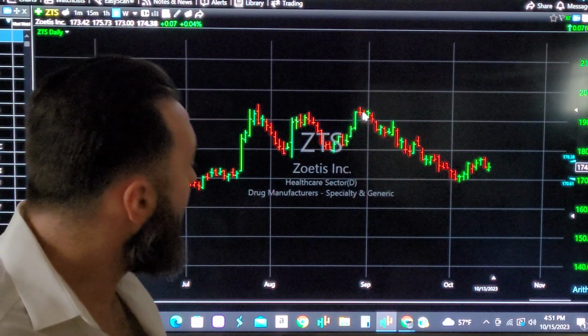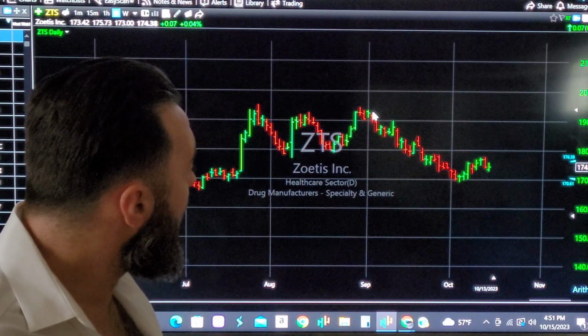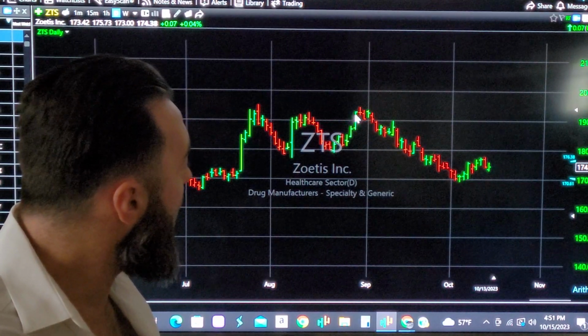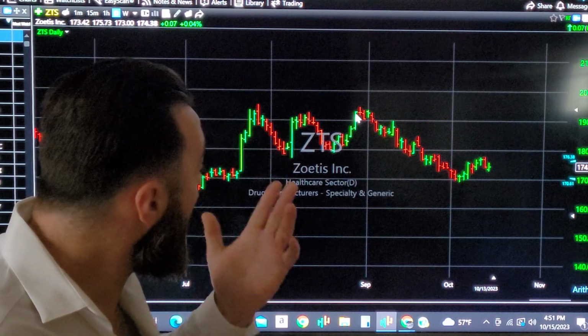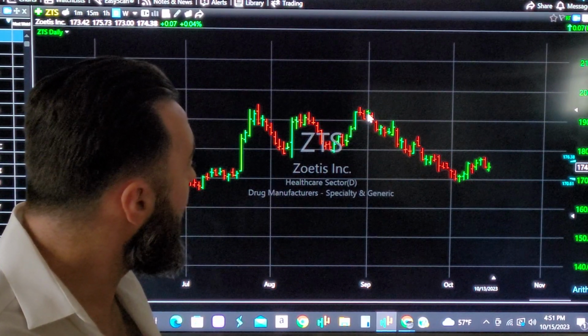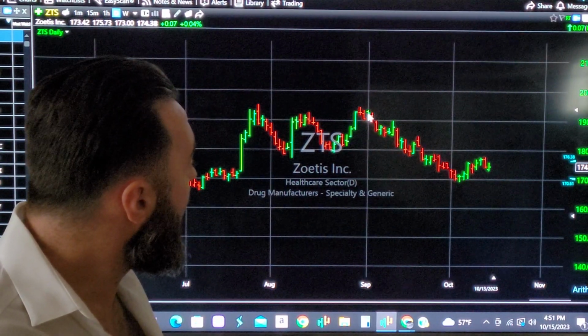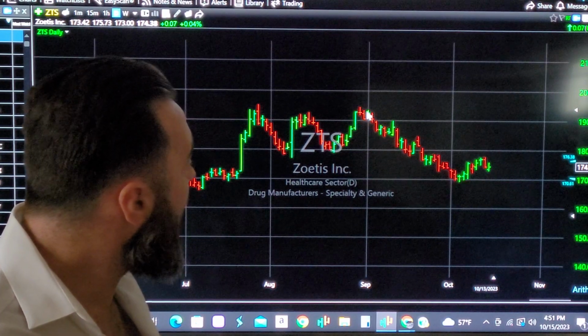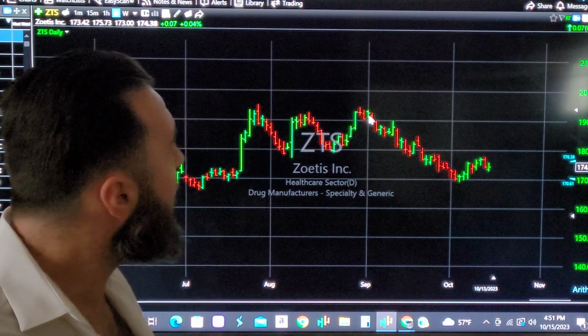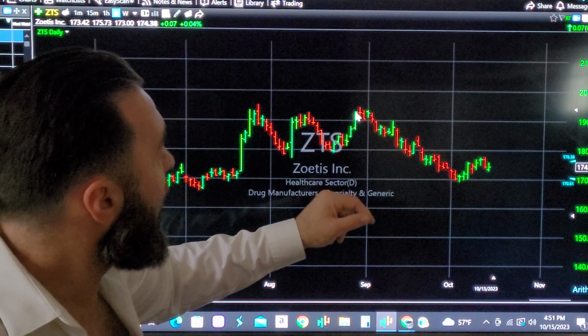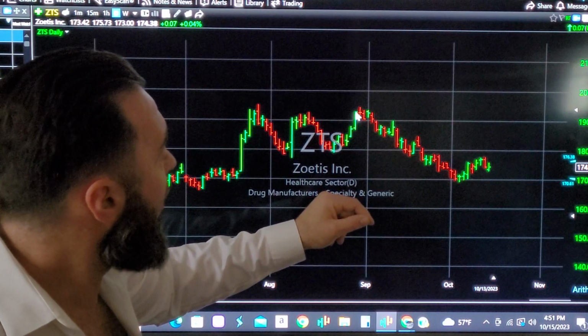So it's really that bar that goes over a little bit to the right that is your close. So that was the close on the right.